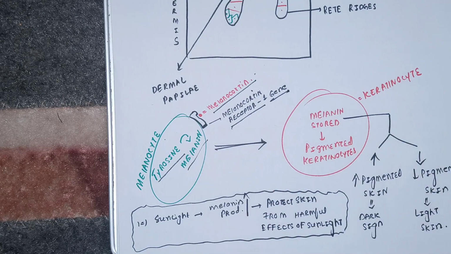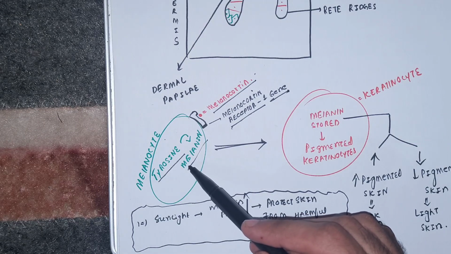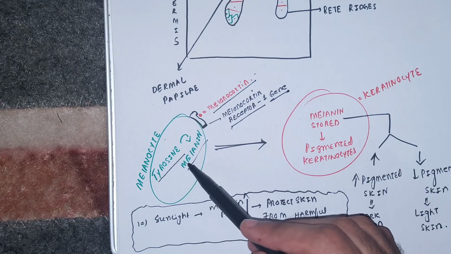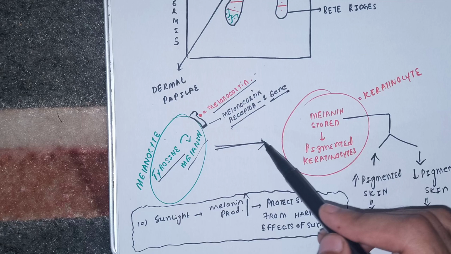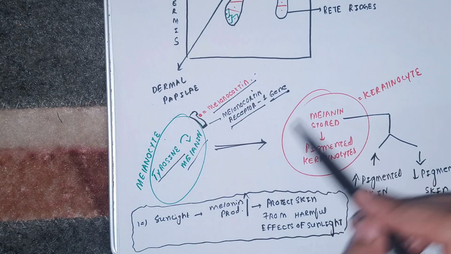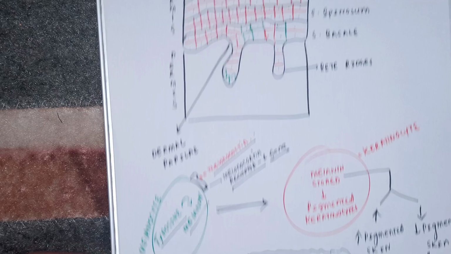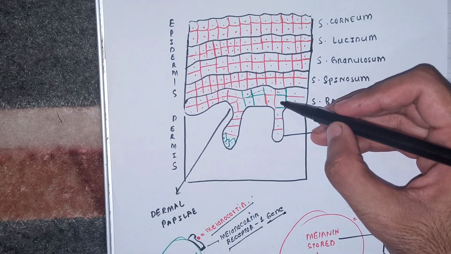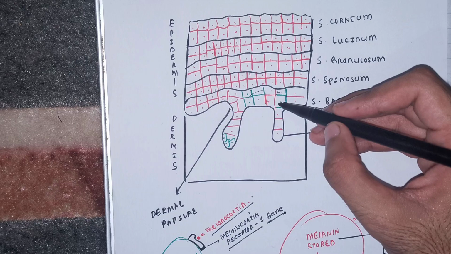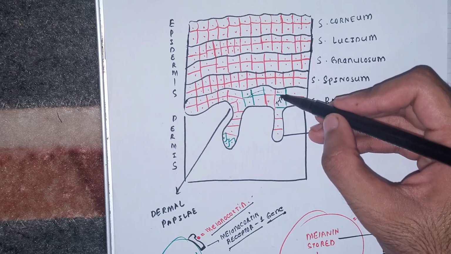Let me tell you, beta, that this melanin is, of course, produced inside the melanocyte, but it is not stored here. This melanin is released from melanocytes and stored in keratinocytes. If I take you back to this picture, the green colored cell is the melanocyte, and inside it tyrosine is converted into melanin.